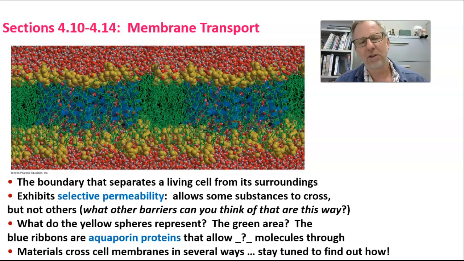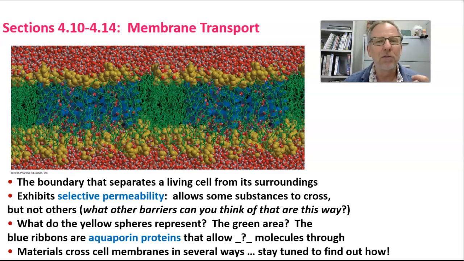So what characteristics of our plasma membranes are determining this selective permeability? Well, let's come back and look at this computer-generated image. What do the yellow spheres represent?